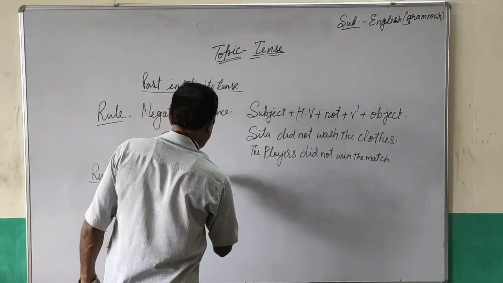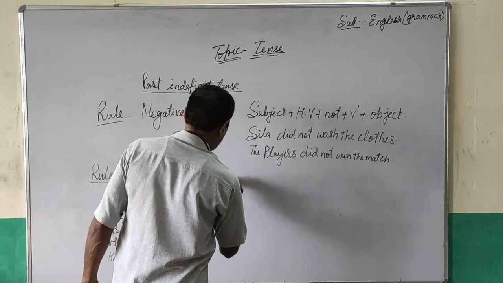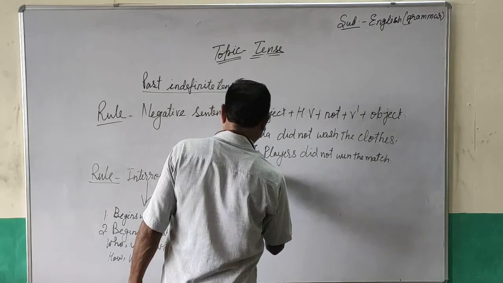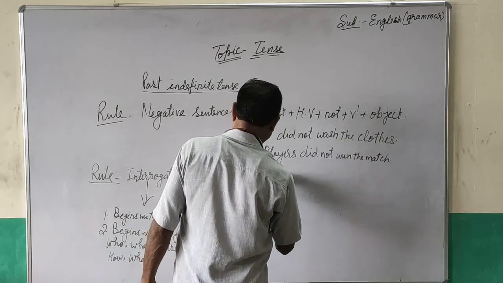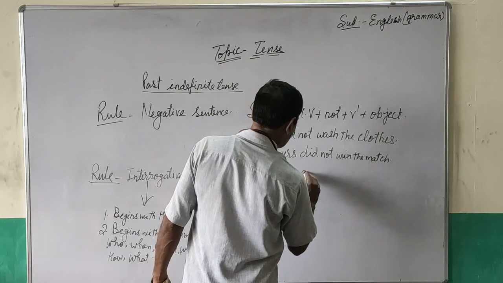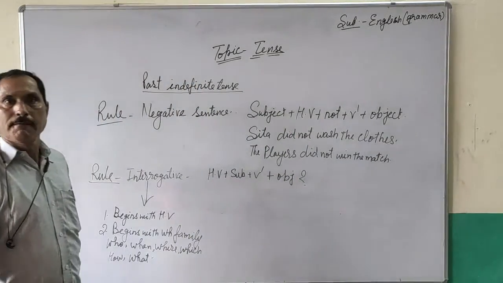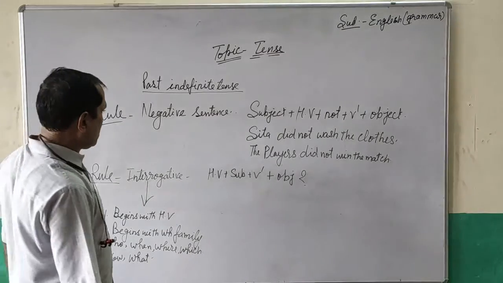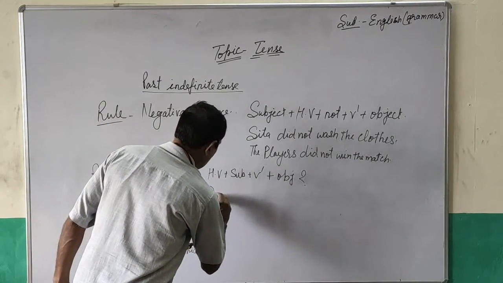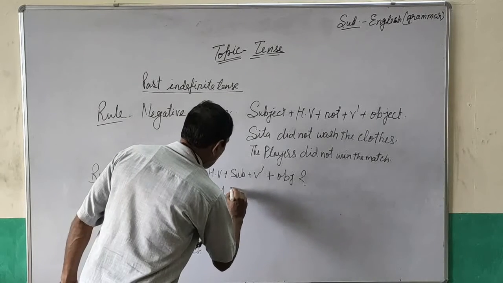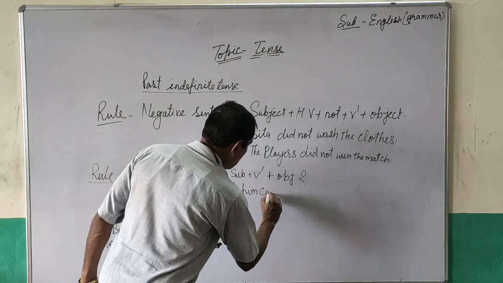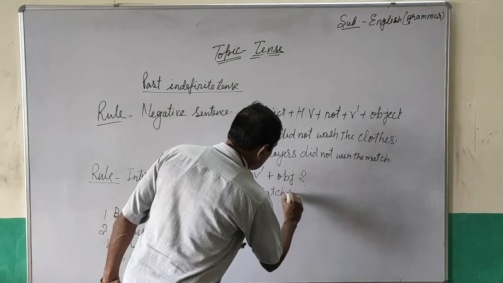The rule: helping verb plus subject plus first form of the verb plus object and also question mark. Now take the example. Did Rahim catch the fish?